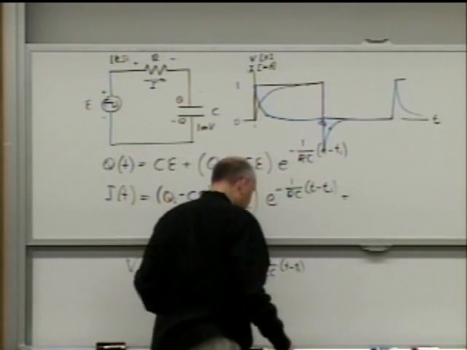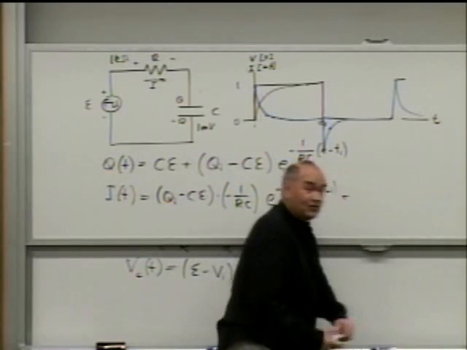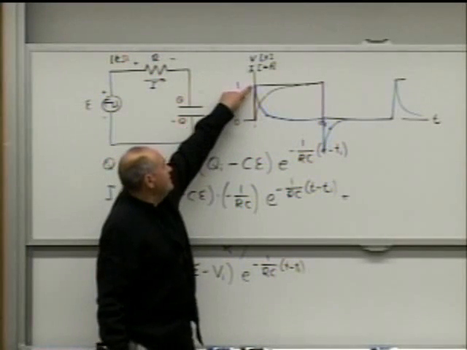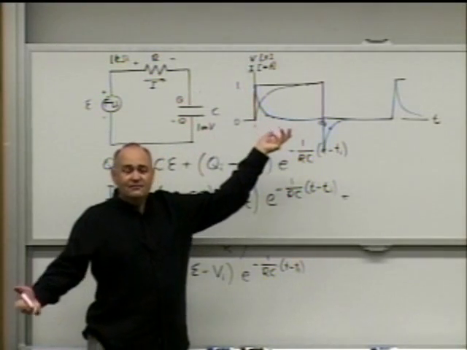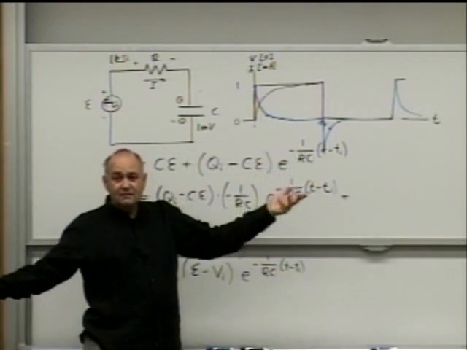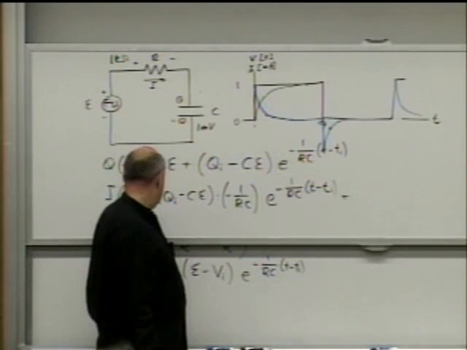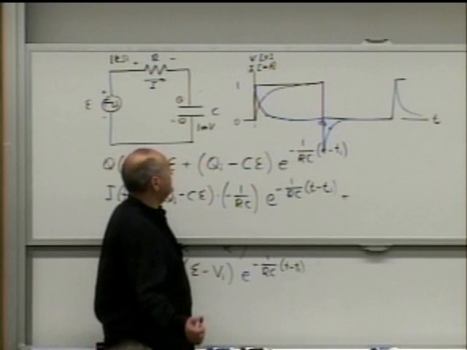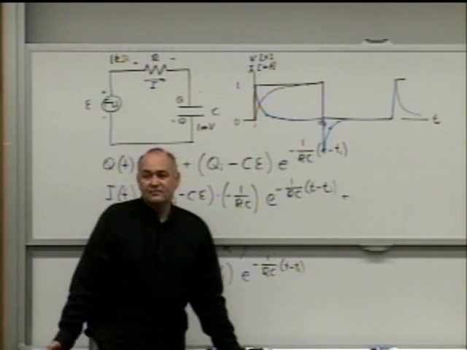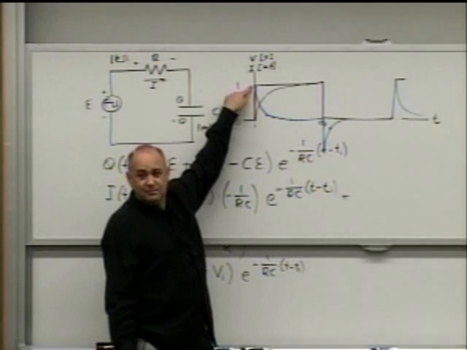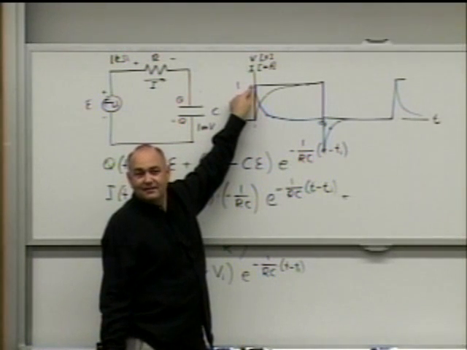So how about voltage across the resistor? When current is 1 milliampere, I have to multiply by 1 kilo ohm, right? So I'm getting 1 volt. So it will overlap over here.